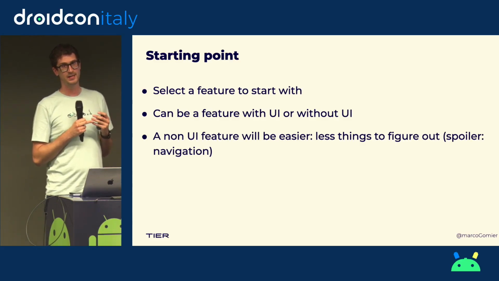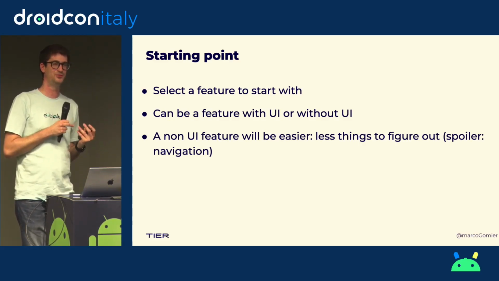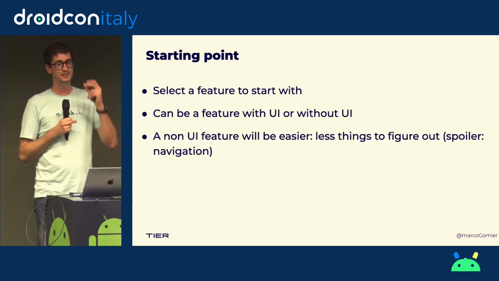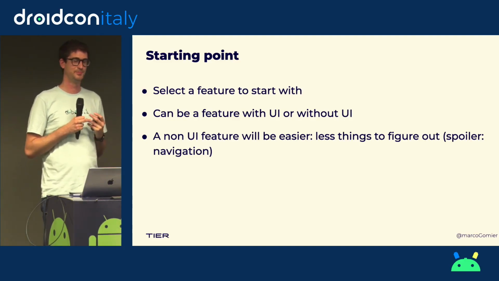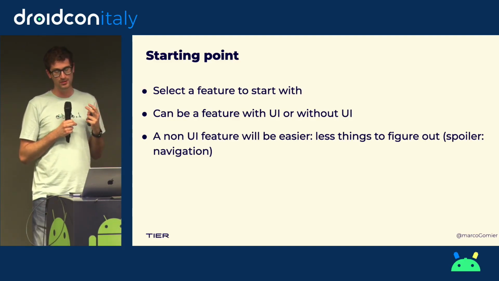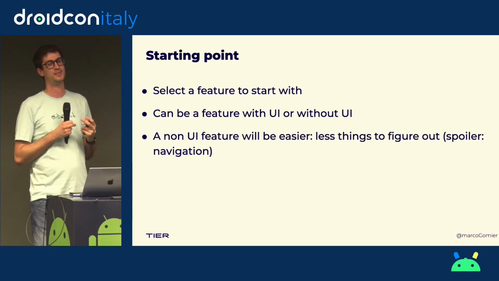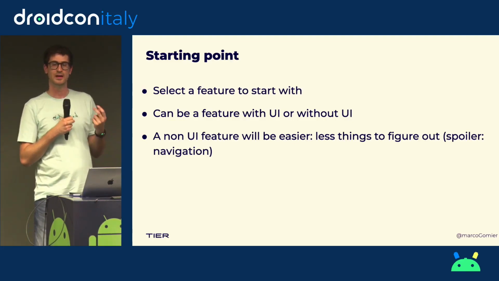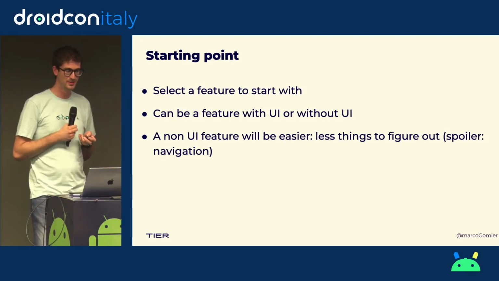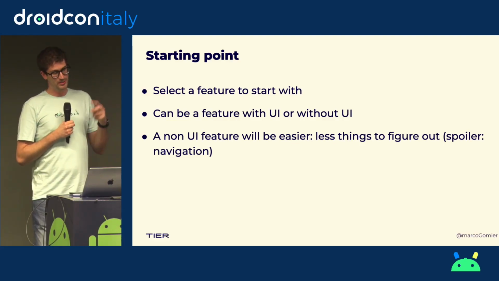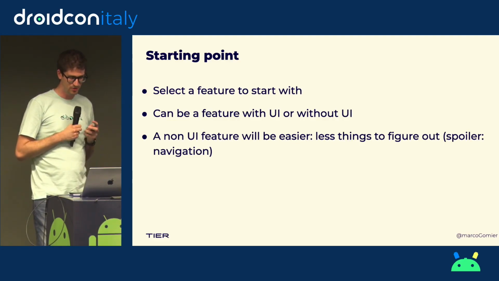And I can assure you that starting from a feature that doesn't have UI inside is way simpler because, spoiler alert, with UI features, you need to handle navigation. And yeah, handling navigation is hard. So we're gonna jump on that later on.